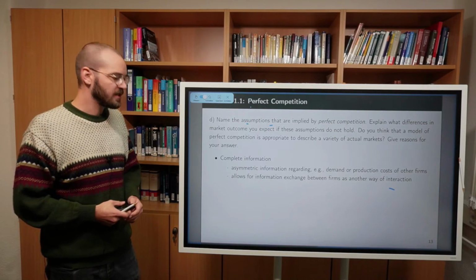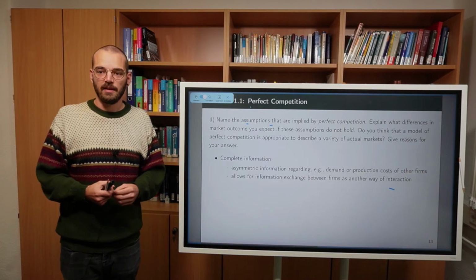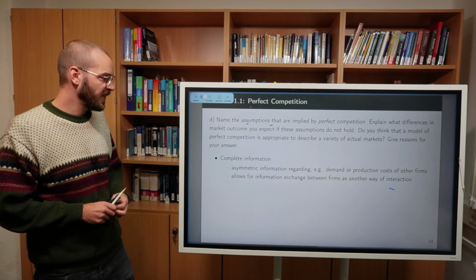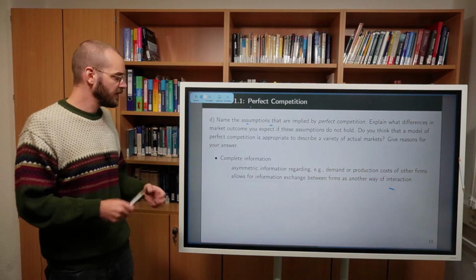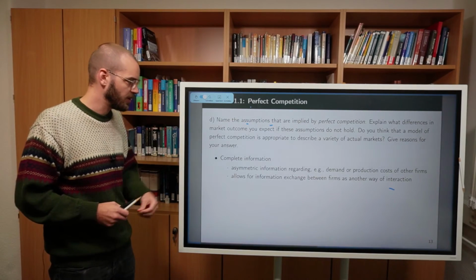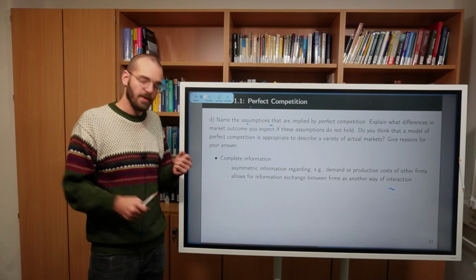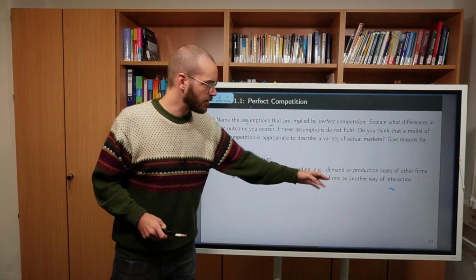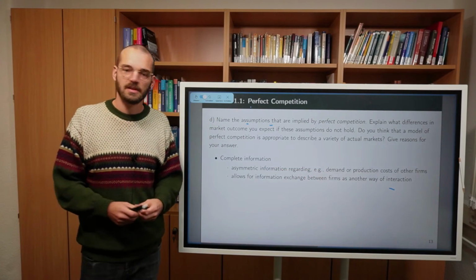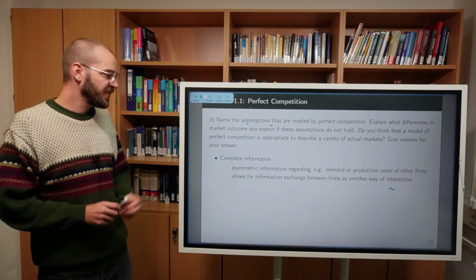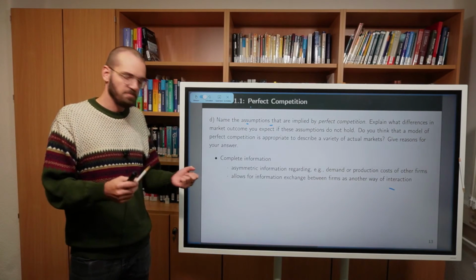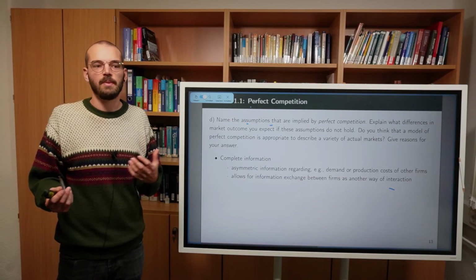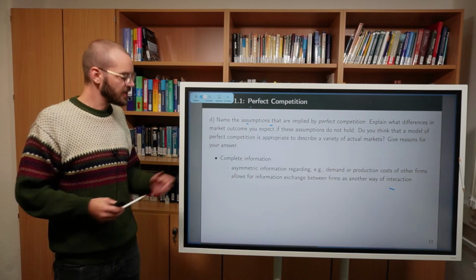Now, the next assumption is complete information, and this usually is, again, quite the broad topic if we were to go into the details. But in general, if we abstract from complete information, so we consider, for example, cases with asymmetric information, for example, regarding the demand function, or regarding the production costs of each individual firm, this allows for uncertainty, which might result in some kind of probabilistic decision making.